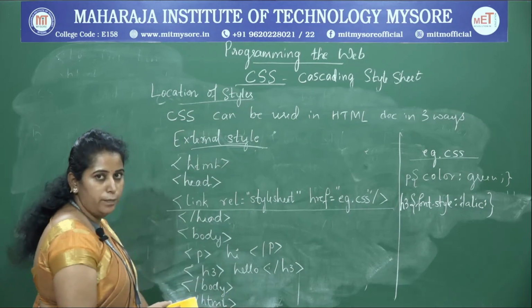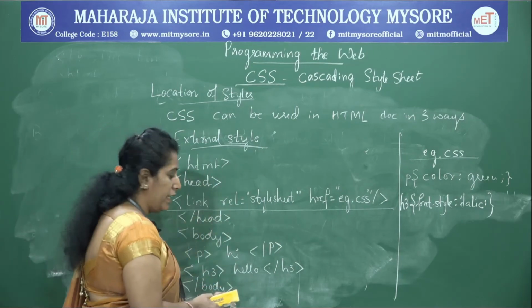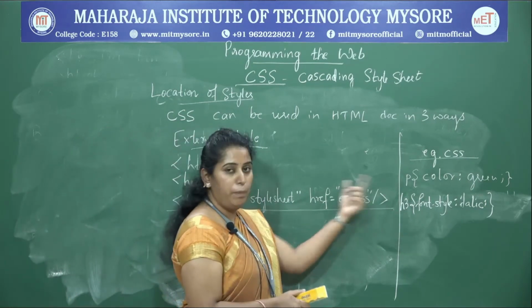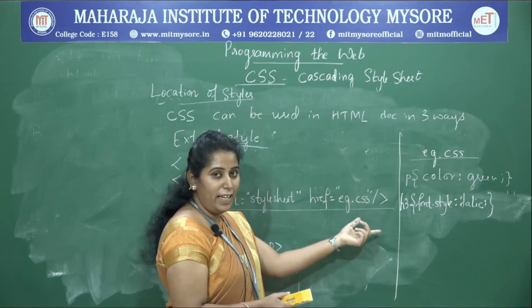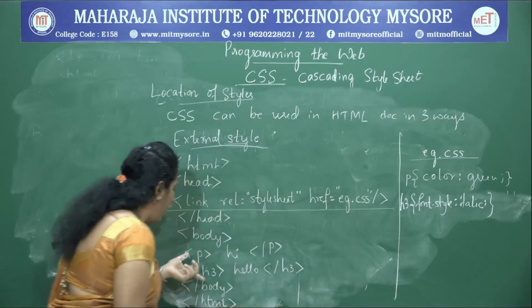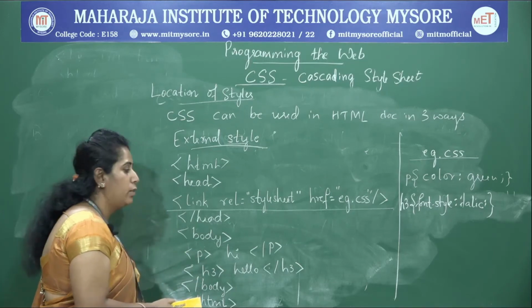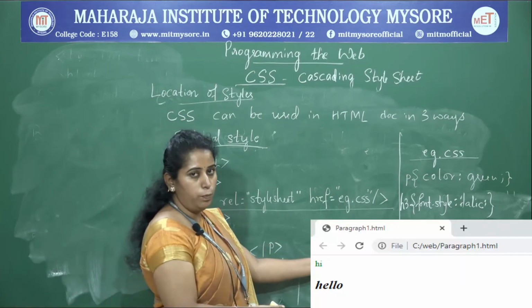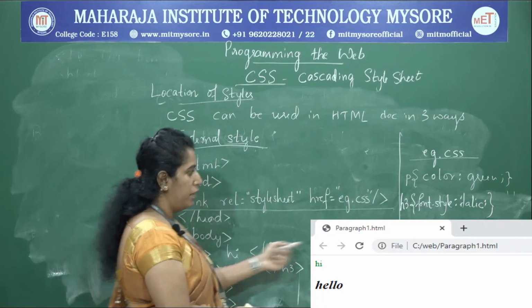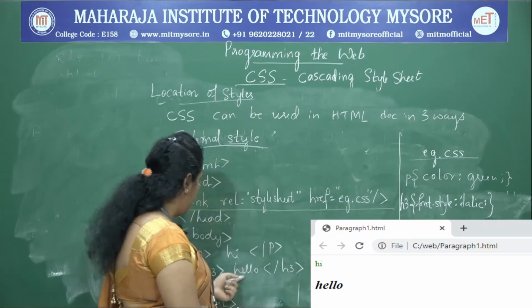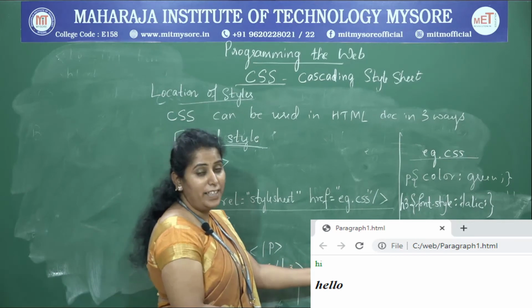Now you run this file. This file is taking the reference from that particular file, and there it has the style rules which are applied for this one. Finally, once you run this program, you can notice the output. The message hi is printed in green color and the message hello is printed in italic style.